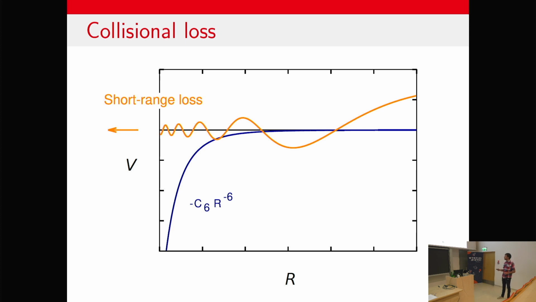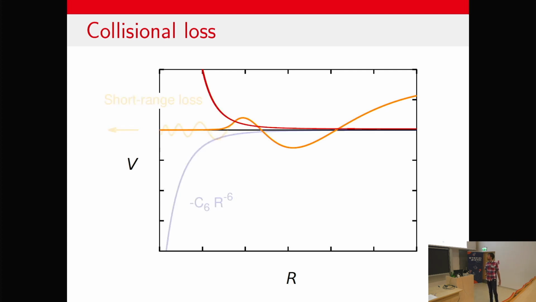The interaction between molecules as a function of the distance between them looks like an R^-6 potential, so it's an attractive interaction, and there's really not that much that stops the molecules from coming close together and undergoing some sort of loss process.